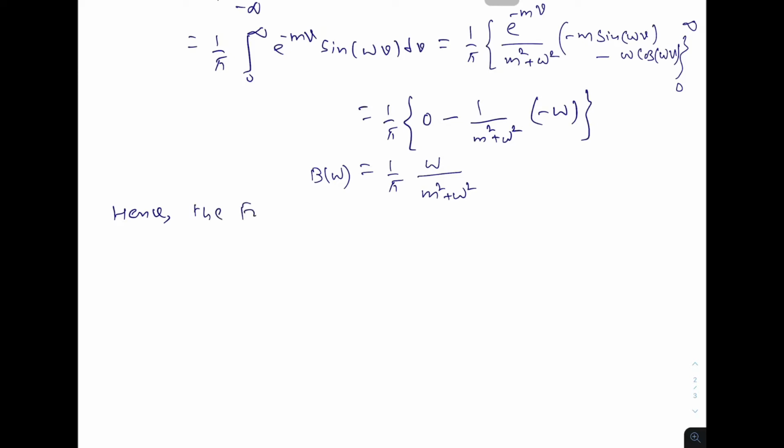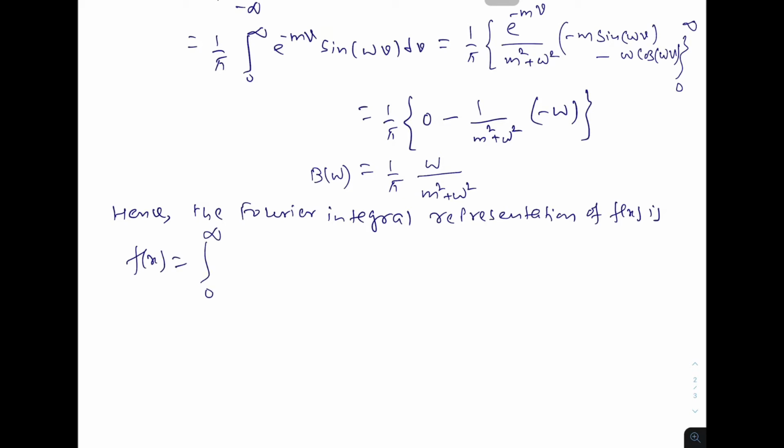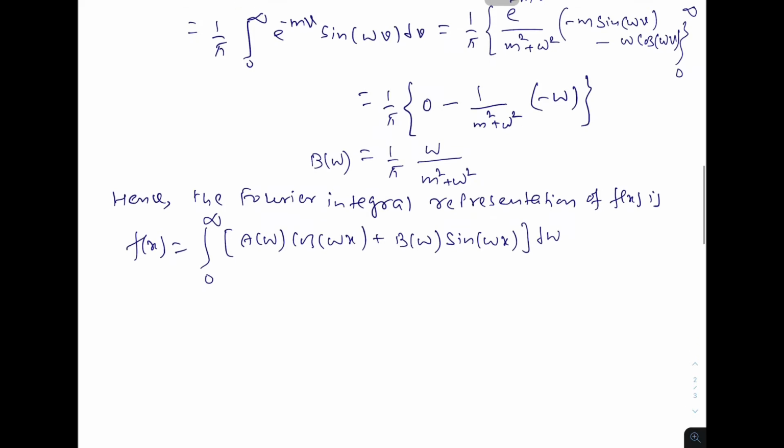Hence the Fourier integral representation of f(x) is equal to integration 0 to infinity [a(omega) cosine(omega x) plus b(omega) sin(omega x)] d omega.